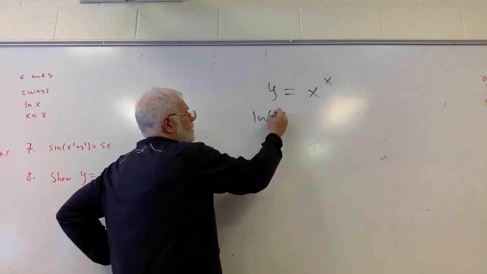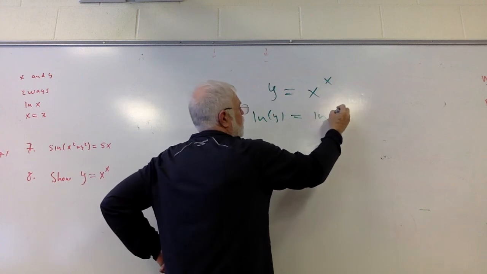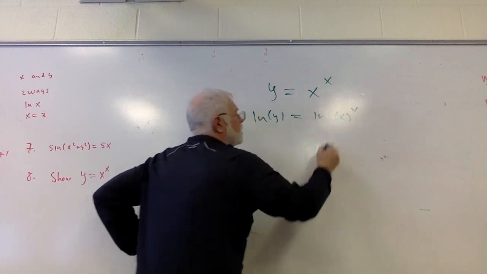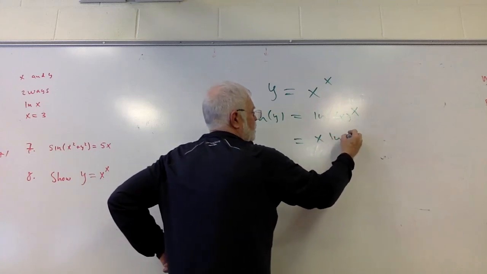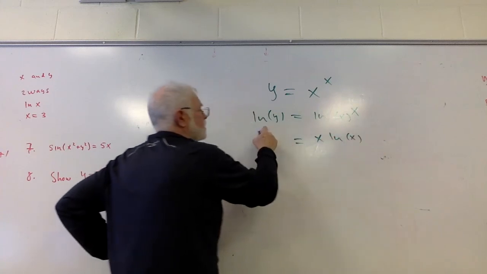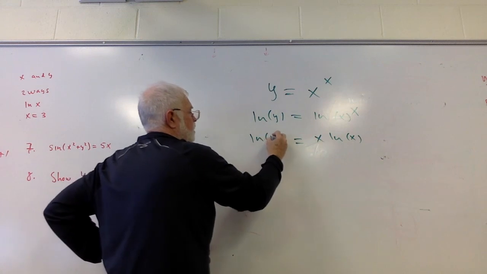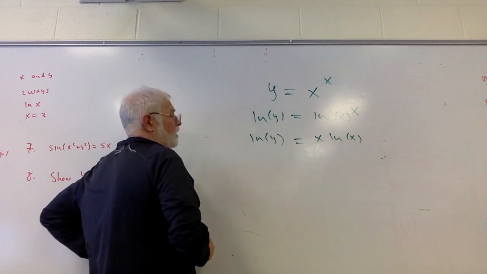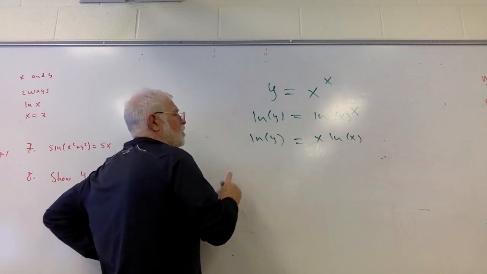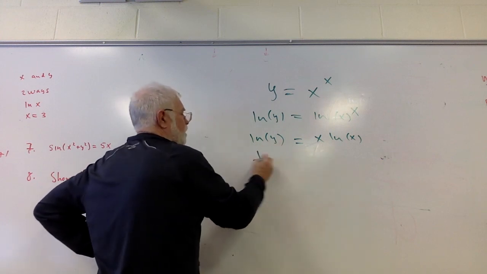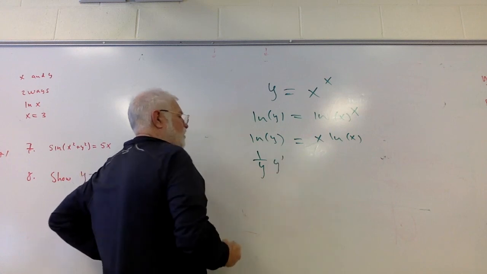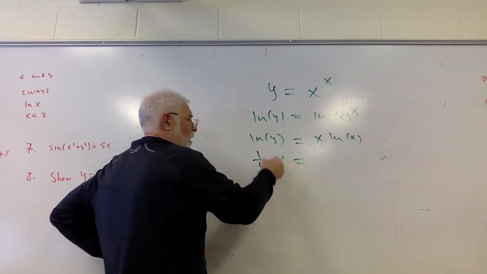Well, logarithms. ln of y equals ln of x to the x. Rules of logarithms. This is x times ln of x, right? And this is ln of y still. Okay, now what do we do next? We could do e to the here, I believe, but typically we continue with logarithmic differentiation, which is 1 over y times y prime.